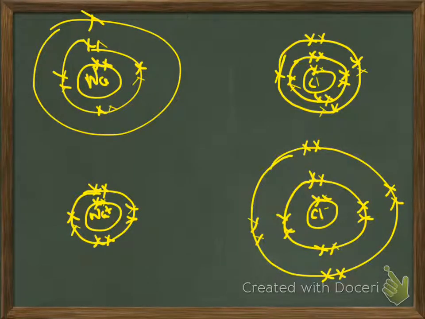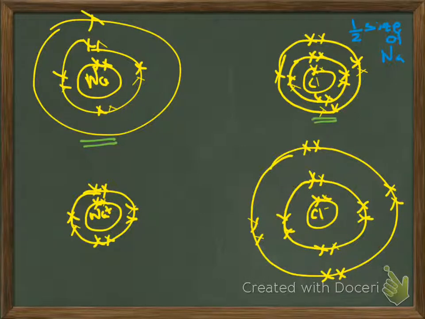Okay, we have returned. Here is the sodium atom. Here's the chlorine atom here. If you notice, the chlorine atom is supposed to be about half the size of the sodium atom, right?